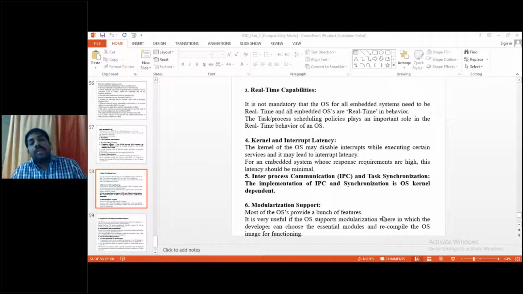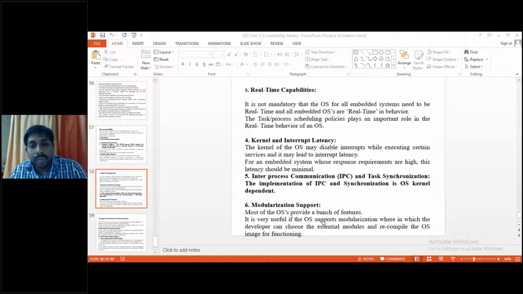So the third point is real-time capabilities, a functional requirement. So which OS behaves in real time? That is selected based upon the task scheduling policies. Kernel and interrupt latency: the kernel of the OS may disable interrupts while executing certain services, and it may lead to interrupt latency. Inter-process communication and task synchronization is one more requirement.